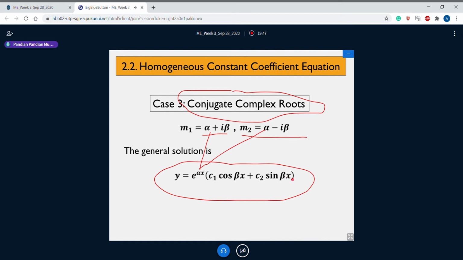And then in the bracket, C1 cos beta x plus C2 sin beta x. So this beta is the same for m1 and m2. So m1 is alpha plus i beta, m2 is alpha minus i beta. So the general solution is y equals e to the power alpha x, in the bracket C1 cos beta x plus C2 sin beta x. So this is the general solution.